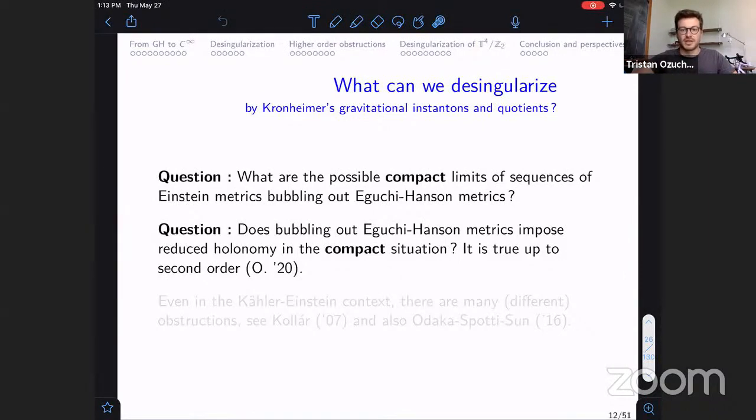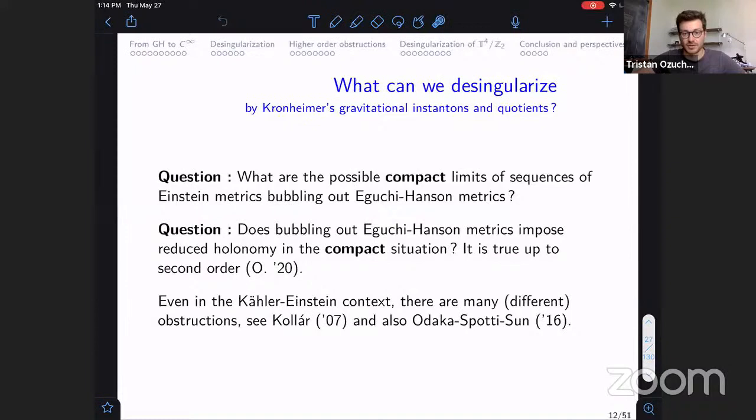That would be the general case of degeneration by Eguchi-Hanson metrics. Again, that's a big assumption, maybe it's unclear. Let's note also that this is not the whole story. In the Kähler-Einstein setting, there are a lot of things that cannot be desingularized, because by work of Kollár and then Odaka-Spotti, you know that there are many more Kähler-Einstein orbifolds than smooth Kähler-Einstein manifolds.